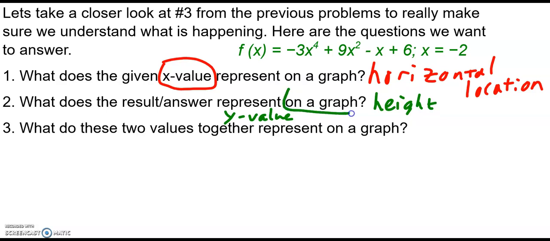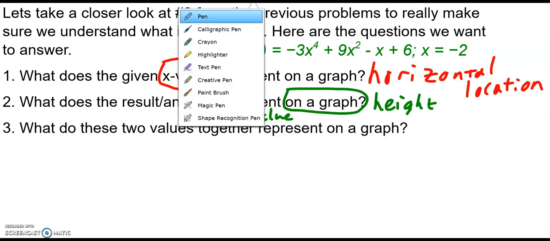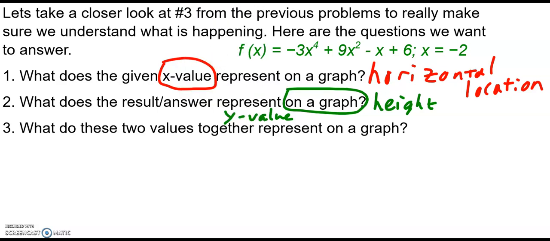So on a graph, it's representing a height. You could also say vertical location as well, right? If this is a horizontal location for an x value, then a y value is a vertical location. But a lot of times we say that that's the height.